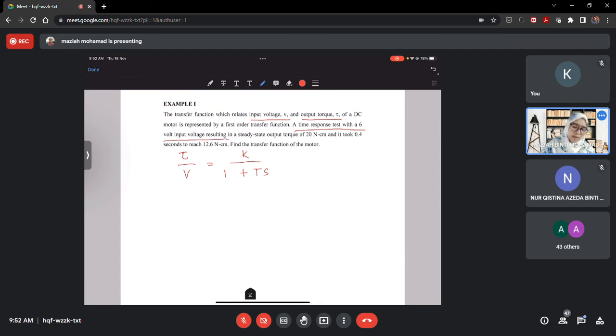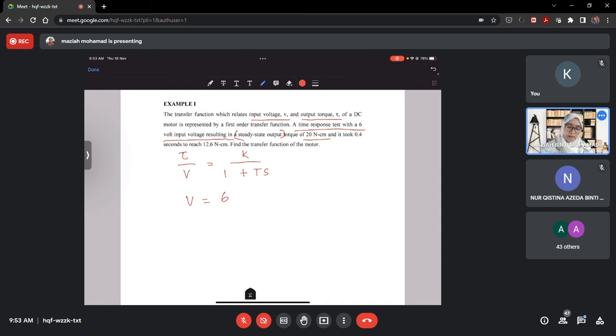Then it said a time response test with a 6-volt input voltage resulting in a steady state output torque of 20 Newton centimeter. So here V is equal to 6, because it applies the input 6 volt, meaning it changed from 0 volt to 6 volt.